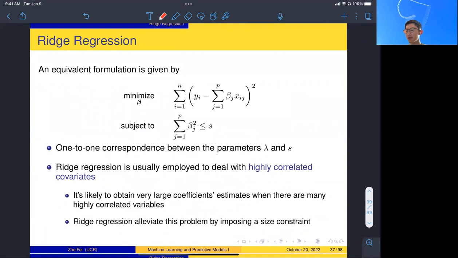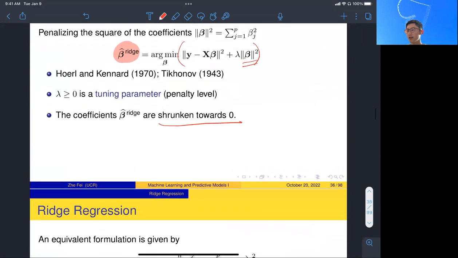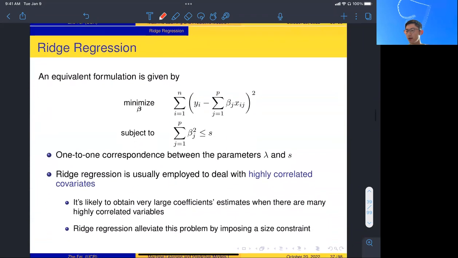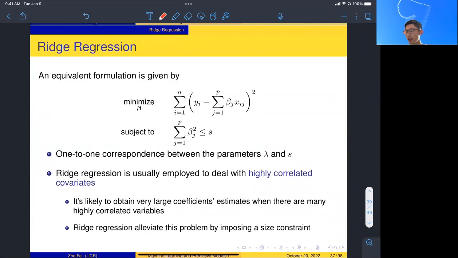Actually this equivalent formulation, equivalent to our argmin formula, is that we can write this as a constraint, subject to this L2 norm less than or equal to a constant S. This constraint is exactly what we saw in the previous plots.